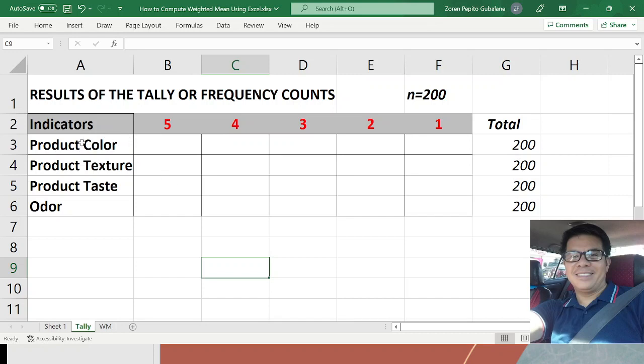For example, among the indicators measured are product color, product texture, product taste, and product odor, as important categories or indicators in a particular measurement.